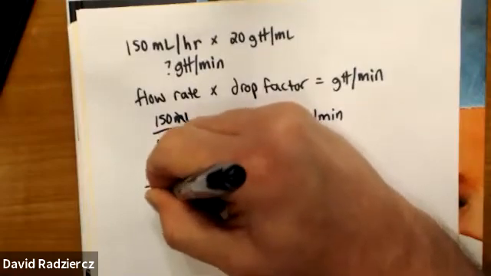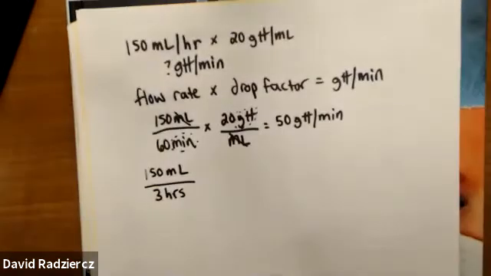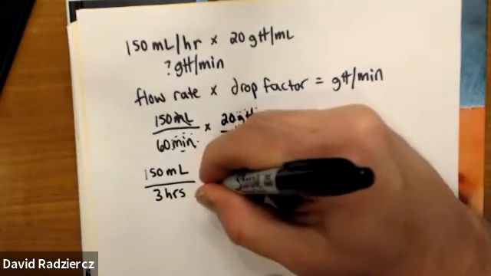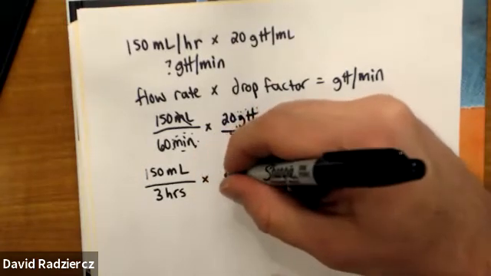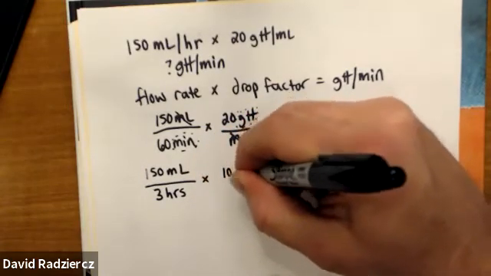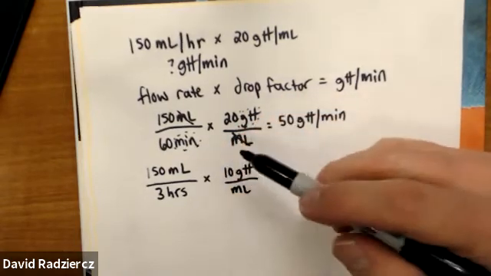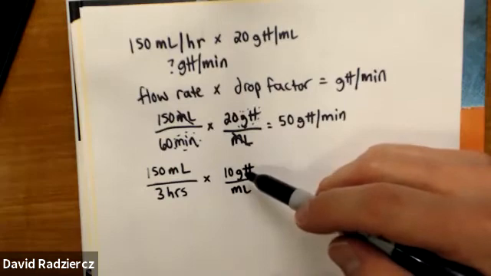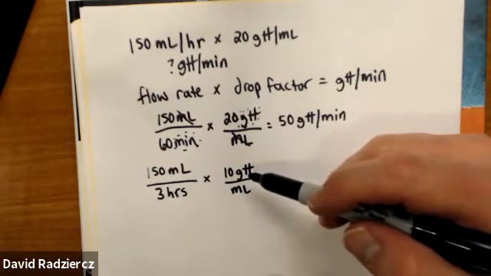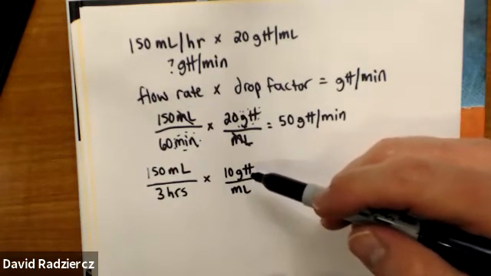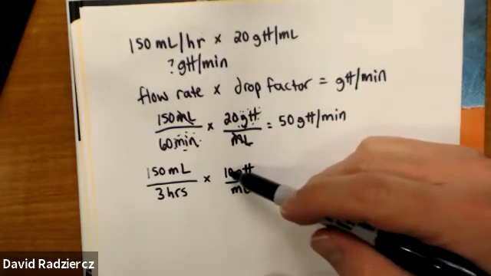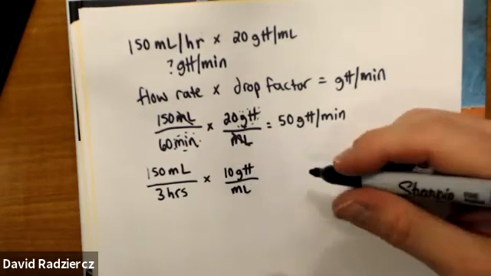So this is where we have a difference from what we saw up here. And then the tubing is 10 drops per milliliter. Now remember, you're going to be given the drop factor. So this is given to you. And if it's not given to you, a lot of times they'll use the term micro tubing, and that would be 60 drops per milliliter in case they don't give it to you.